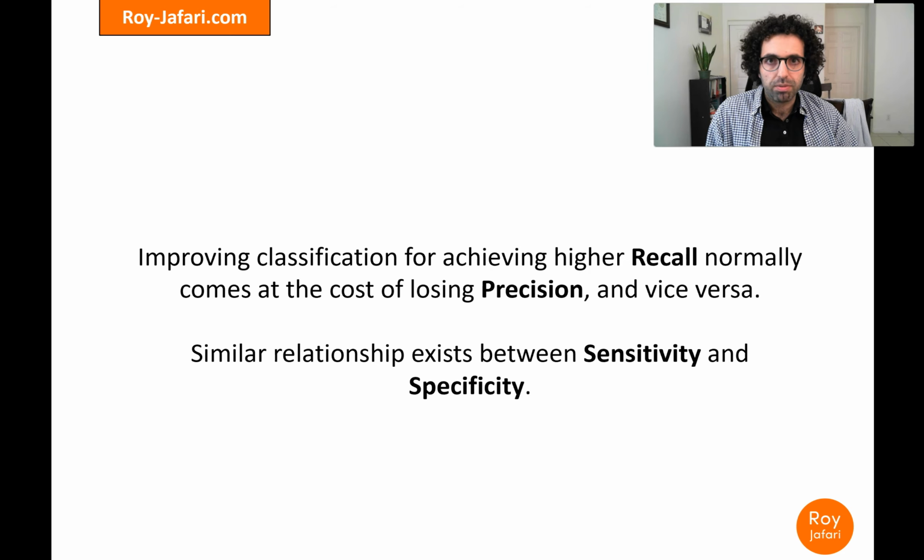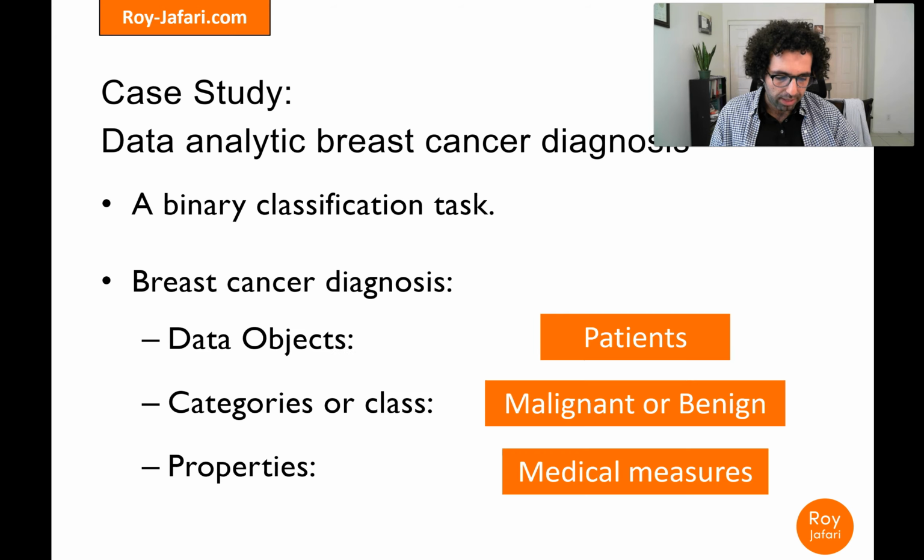And vice versa. If we focus on improving precision, we end up losing recall. So it comes at the cost of recall. There's the same type of relationship between sensitivity and specificity. Here we want to see an example of that and see what we mean by that.